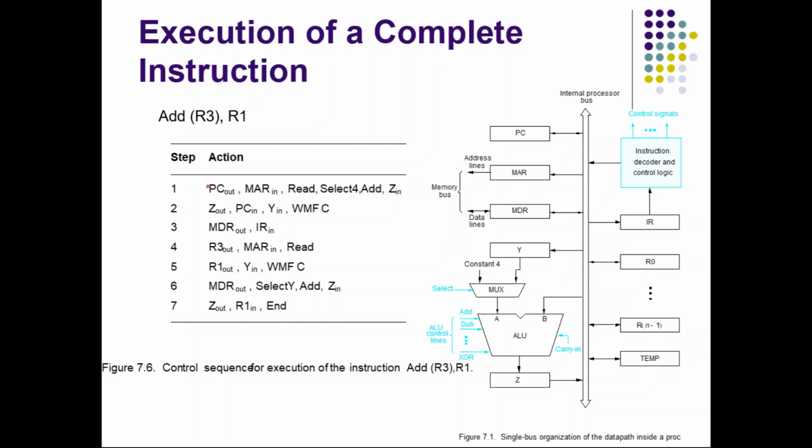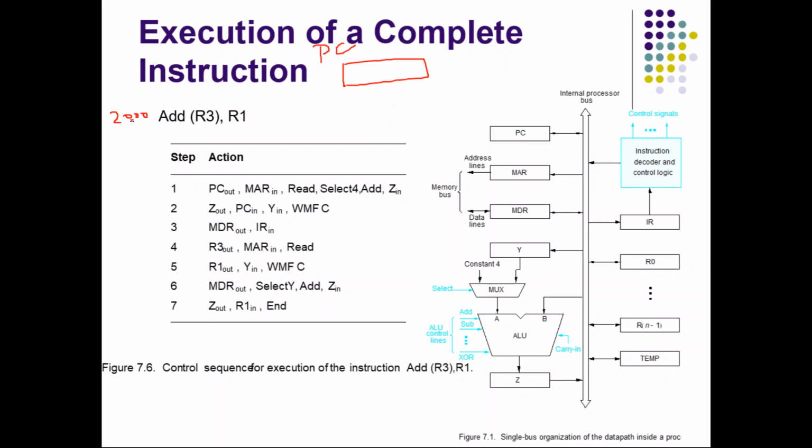See, normally the address of the next instruction will be stored where? In PC. Okay, so this is the instruction which you want to execute. Let us assume that this instruction is available at address 2000.